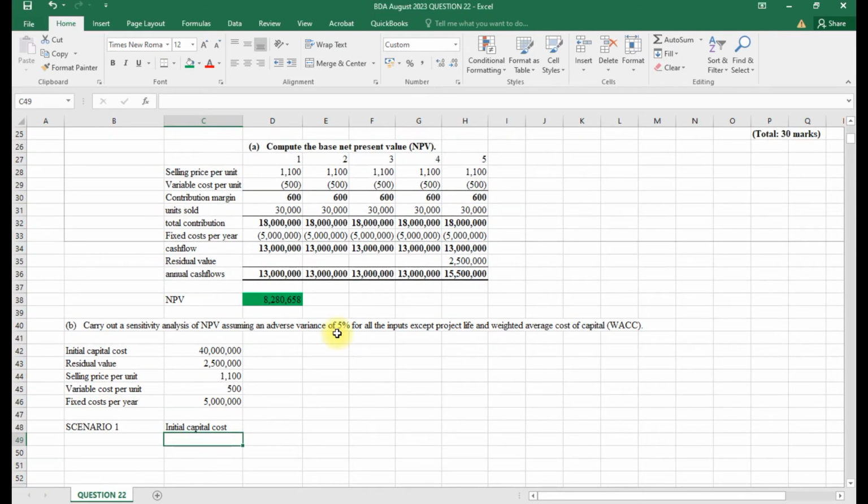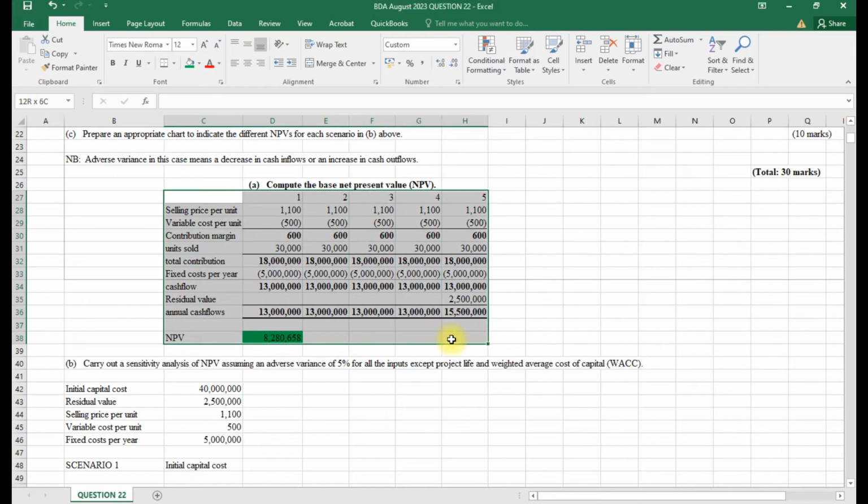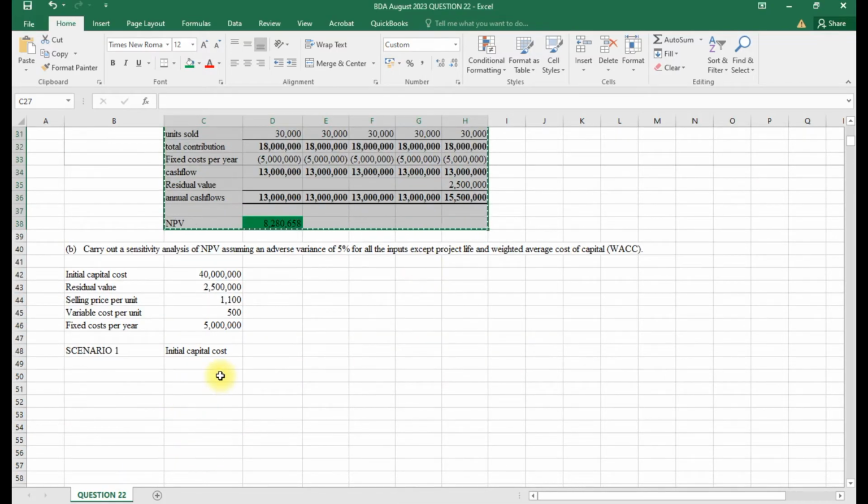So what I will do to this one, I will copy this value. Whatever we have done here, I will be copying this. Let me just copy this and I will come and paste it here.